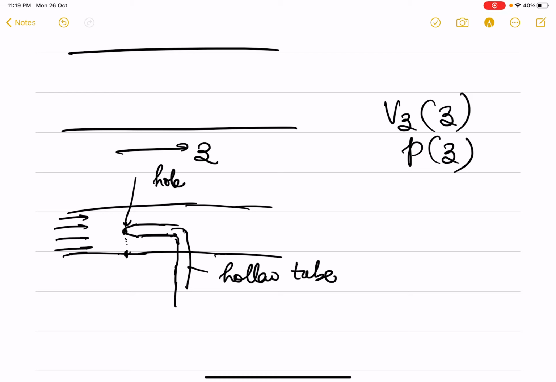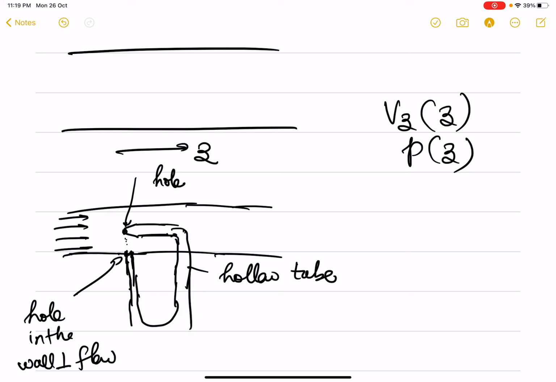Now at the place where this tube is kept, just below this, we make a hole in the wall perpendicular to the flow. So a hole is made here, and from here a tapping is taken. And now we connect these two together by a manometer.